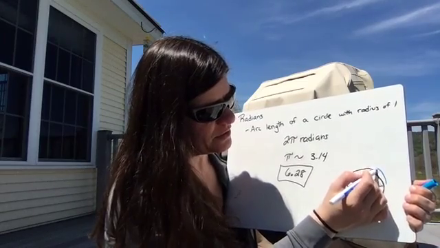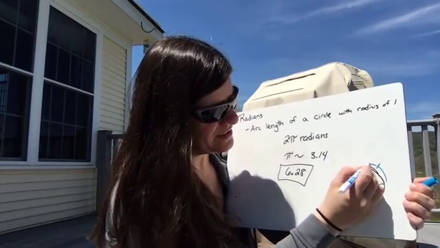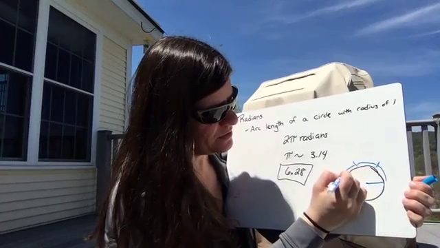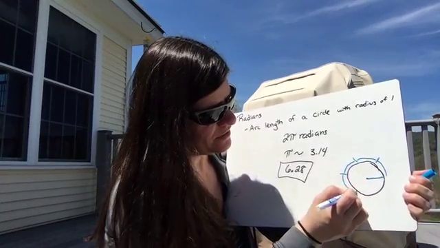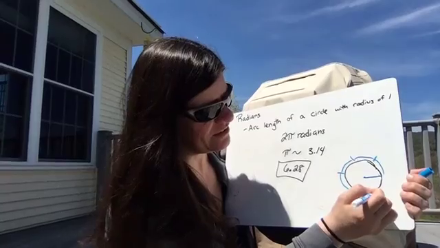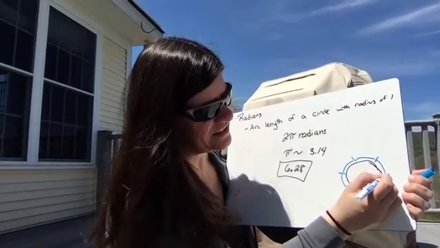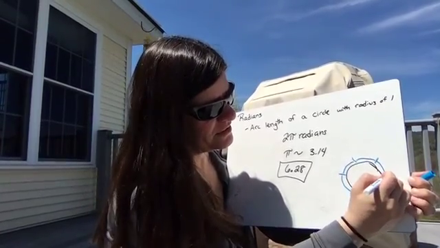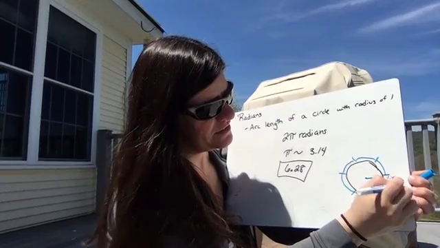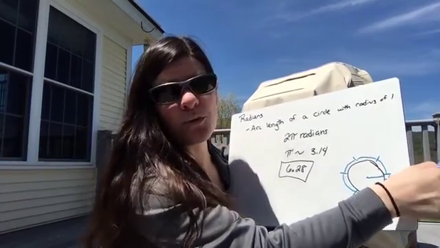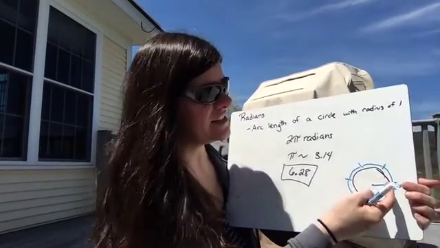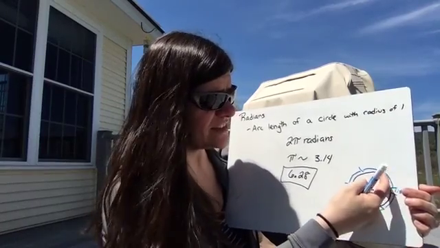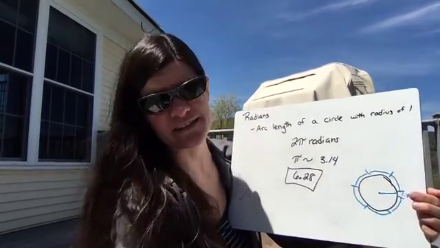So that would be 1 radius, 2, 3, 4, 5, 6, and then a little bit more. Okay, 1 radian is the same as an arc length of 1 radius, right?